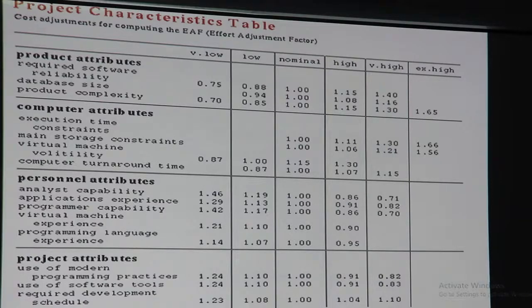Whatever technology was used in the 70s is no more in existence. This was probably used till the 80s or mid 80s. COCOMO is no longer used, but it is important for you to understand this model, how estimates were done in those days, what different factors were seen, and how we calculate the person months.